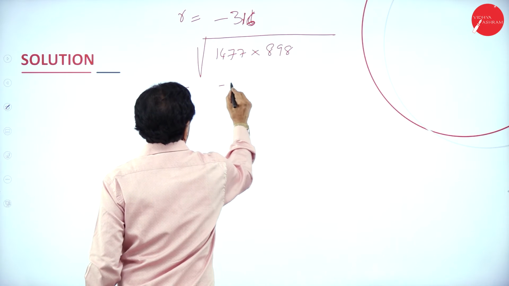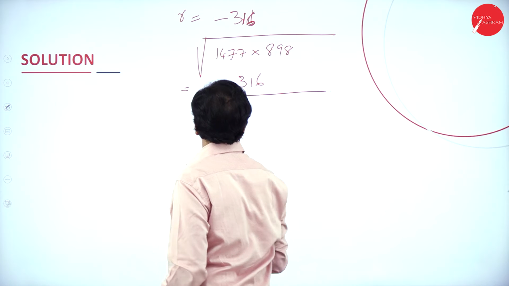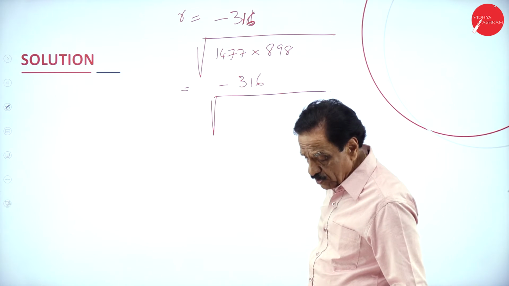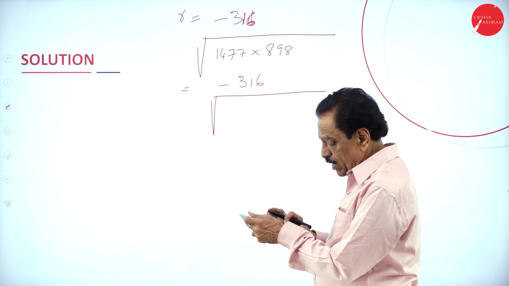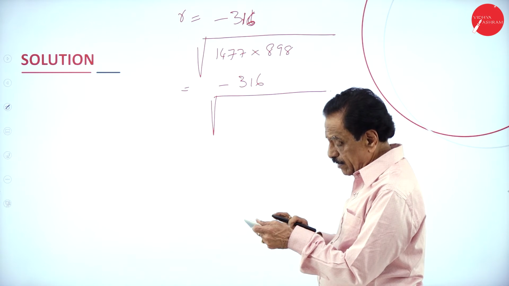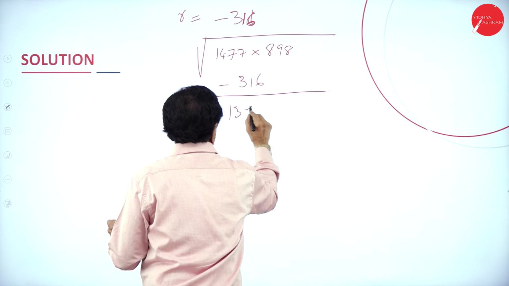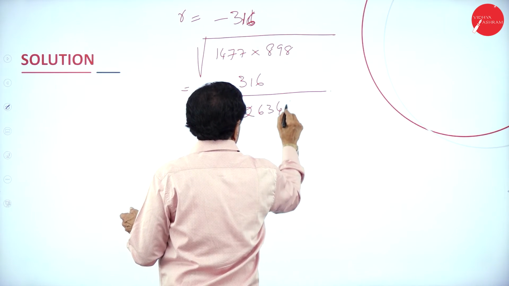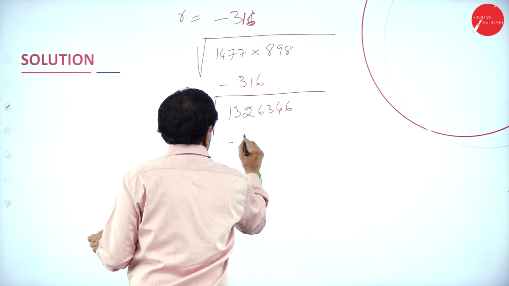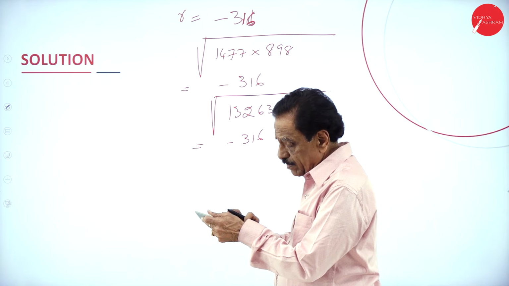This is equal to minus 316 by root of 1477 into 898. So this is 1326346. Minus 316 by root of this.